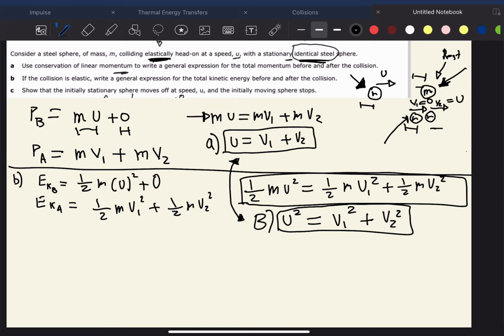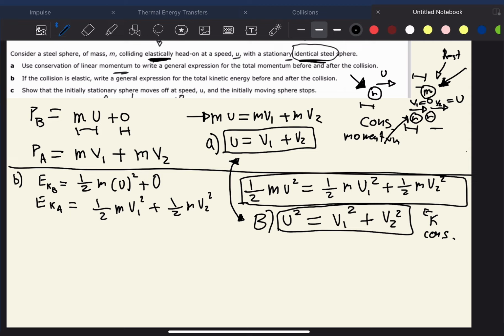So you got this from momentum conservation, and you got this from kinetic energy conservation. We got them from two different formulas.